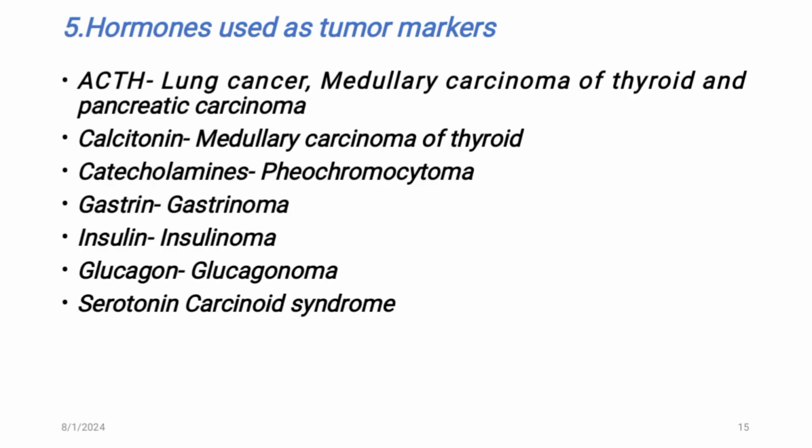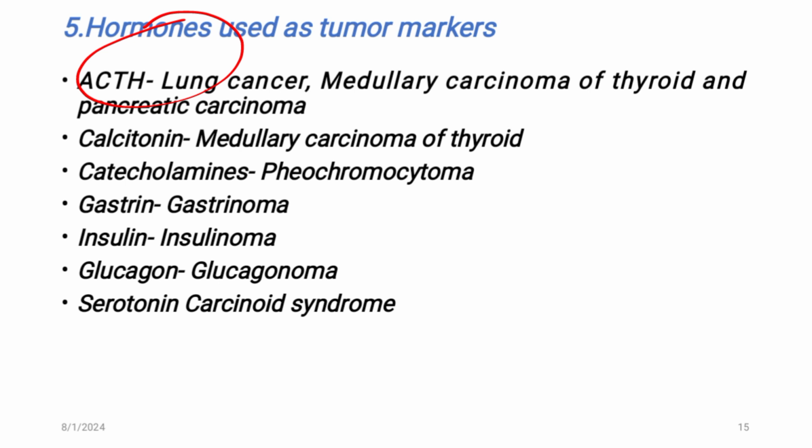The next one is the hormone associated antigens, or tumor markers. We have studied the protein antigens, the surface antigens, and also the pregnancy associated antigens. The next, as we had discussed, is that tumor markers may be hormones.